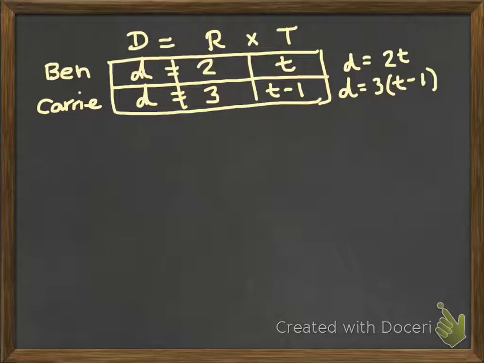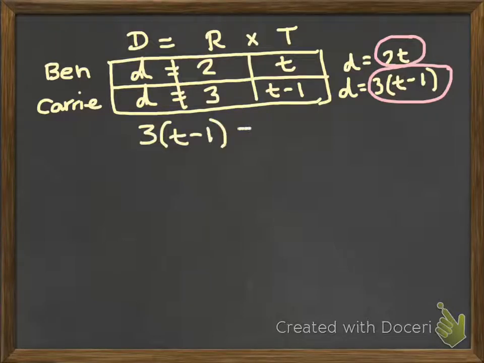So Carrie is 3 times (T minus 1) and Ben is 2T. Or you can look at it as a substitution problem. D equals 2T and D also equals 3(T minus 1). So we can make them equal each other because D and D are the same.